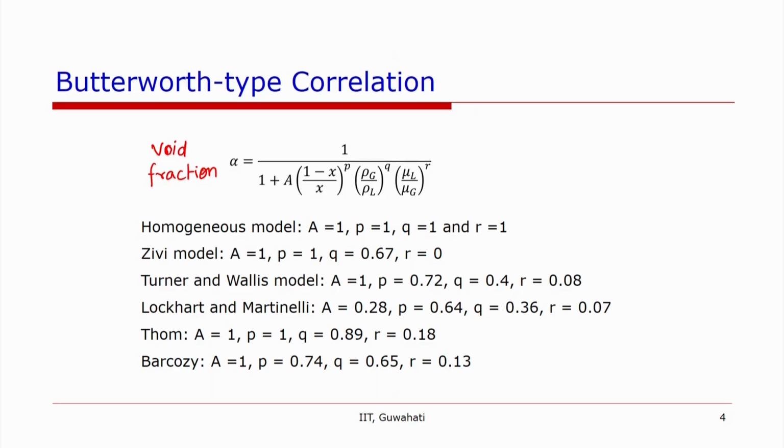So for the homogeneous model, again if we define A, P, Q, R, all of them equal to 1, then one can end up with having a homogeneous model, which will basically be alpha is equal to 1 over 1 plus 1 minus x over x into rho g over rho L into mu L over mu g.